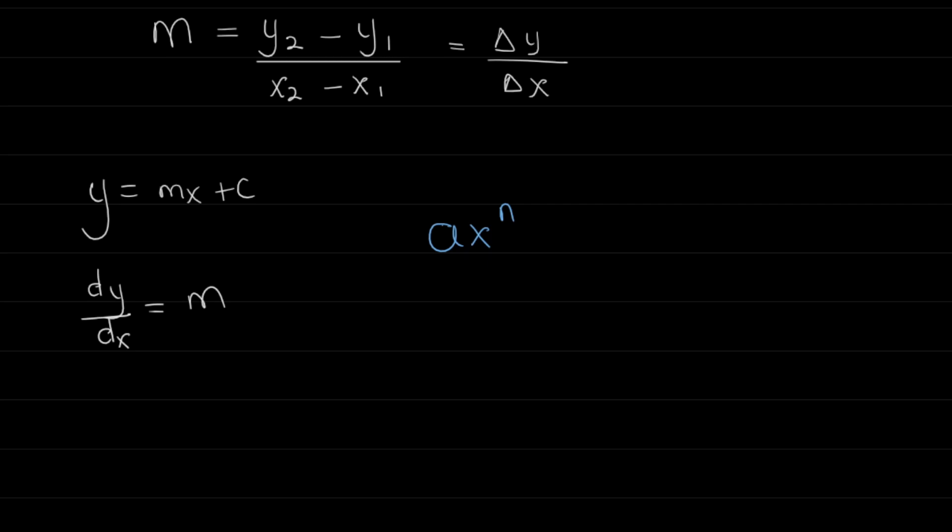You take your exponent and multiply it by the coefficient, and then after that you subtract 1 from the exponent. I repeat, exponent multiplied by the coefficient and then exponent minus 1.